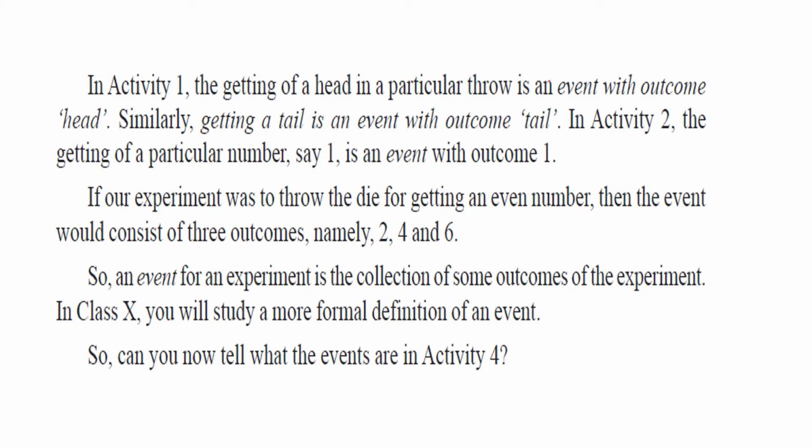Getting a head or a tail is an event, right? Getting a tail is also an event with outcome as tail. So you are talking about events. An event for an experiment is a collection of some outcomes of the experiment.